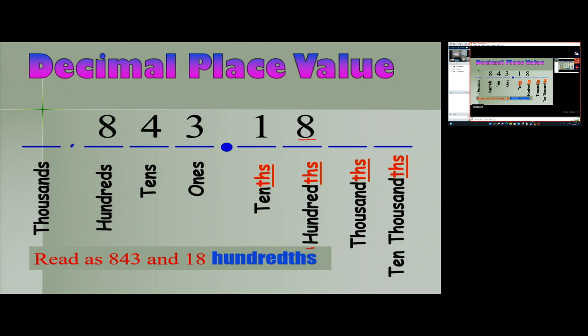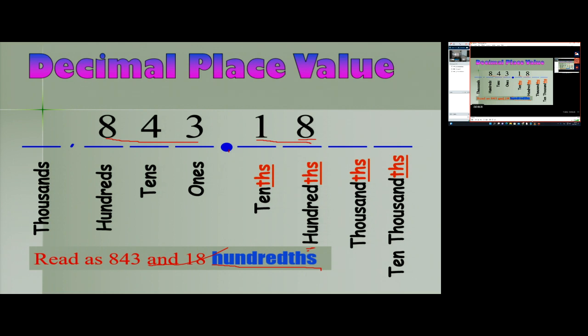So you just need to properly read the whole number, 843. The decimal point is read as "and", and you are going to read the decimal, and the place value of the last digit of the number will also be read. So that is 843 and 18 hundredths.